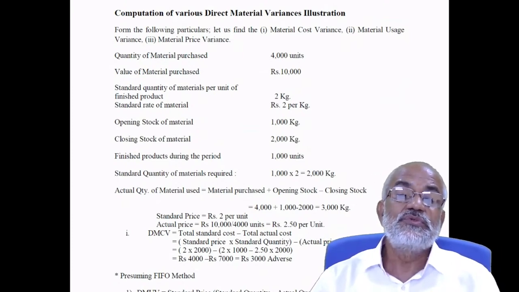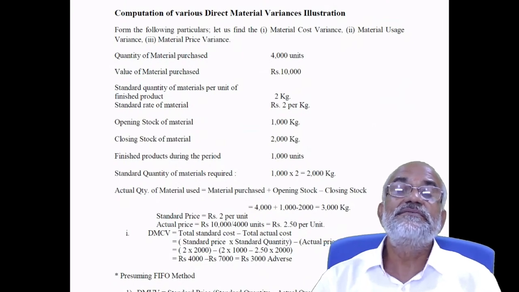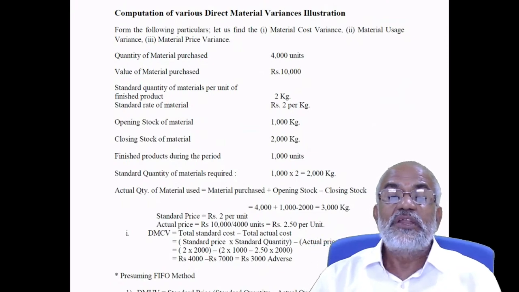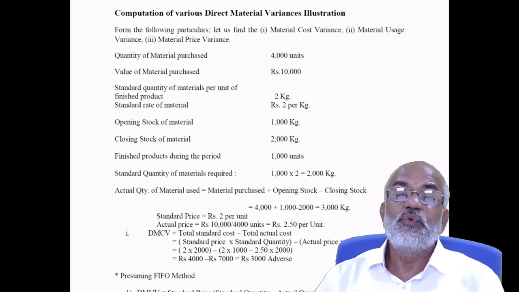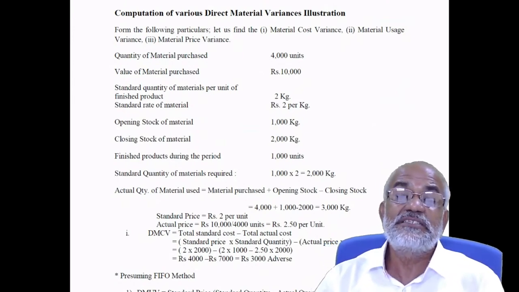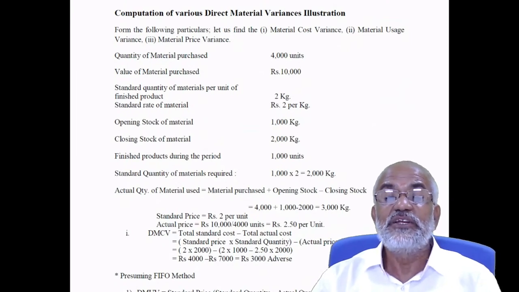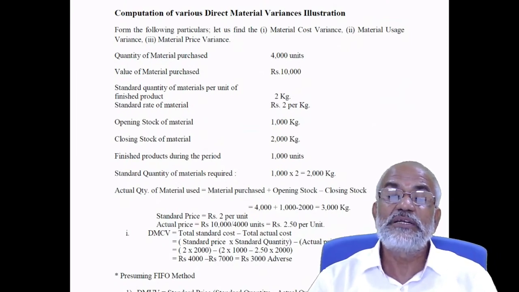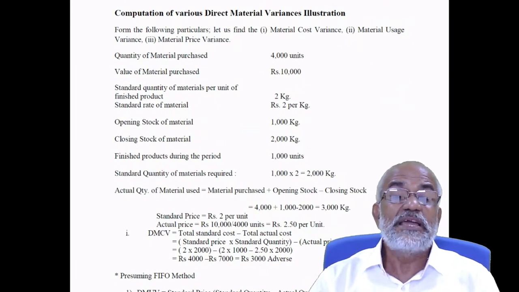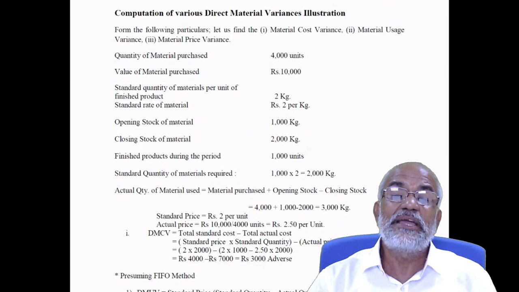The standard price is rupees 2 and the standard quantity is 2,000 units, which comes to 4,000. The actual cost is 2 rupees 50 paisa into 3,000, which comes to 7,500 when computed against the opening and closing stock adjustments.